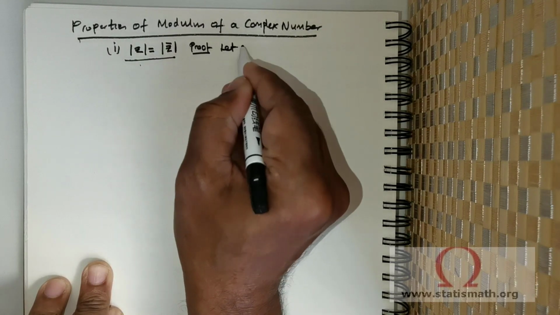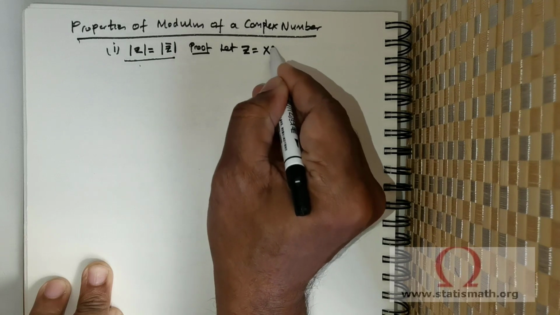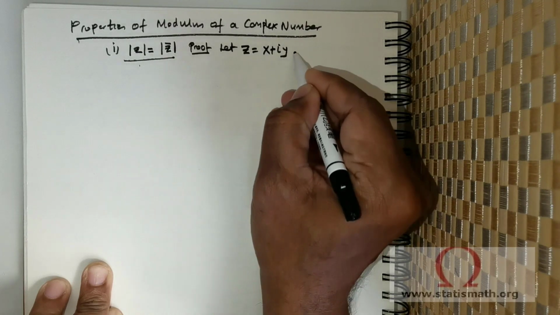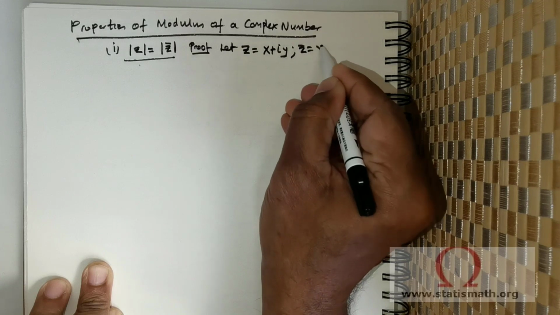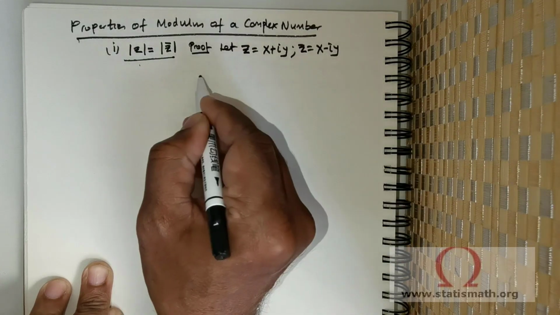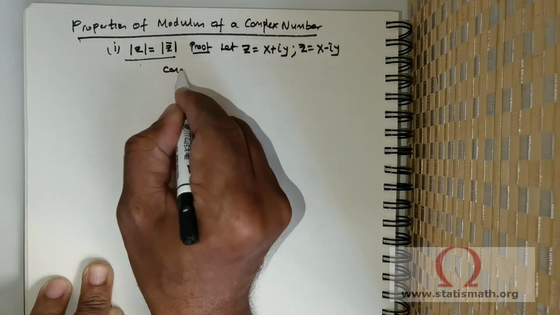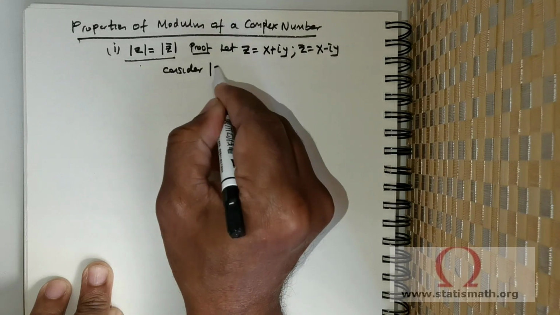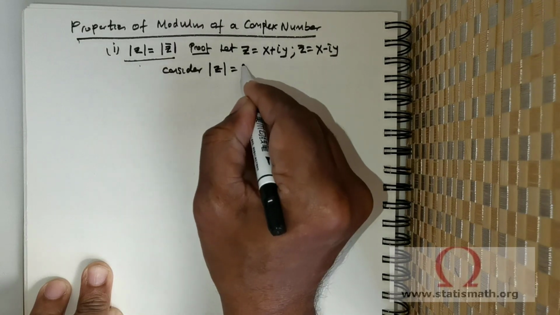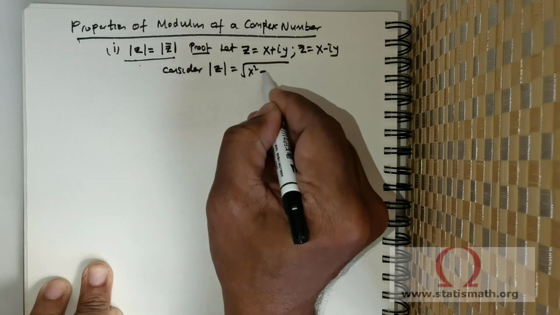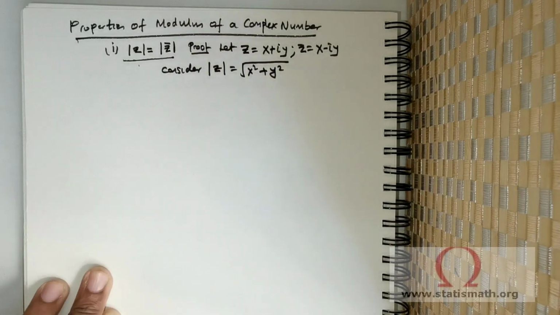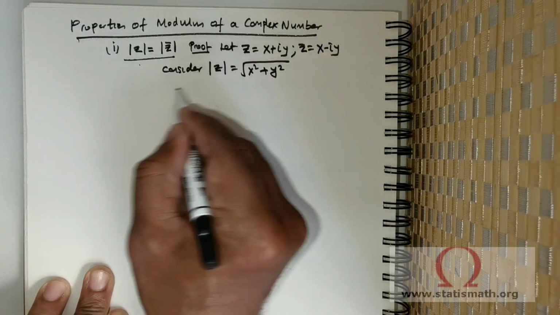Let me take z to be x + iy, and clearly z bar is going to be x - iy. Now consider the modulus of z, which is nothing but root of x squared + y squared.